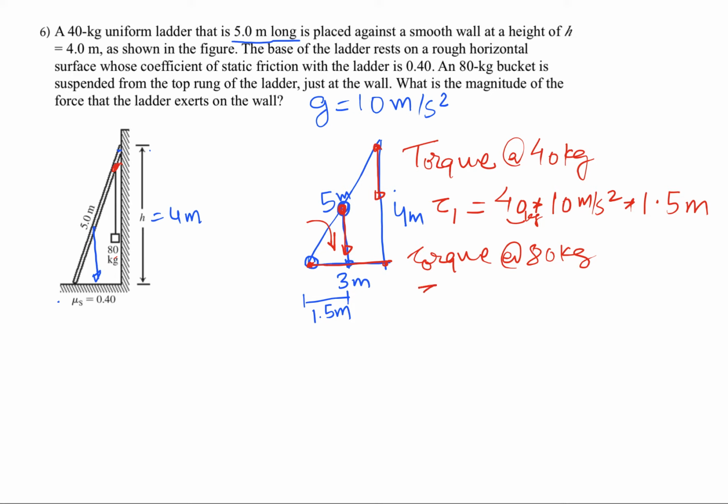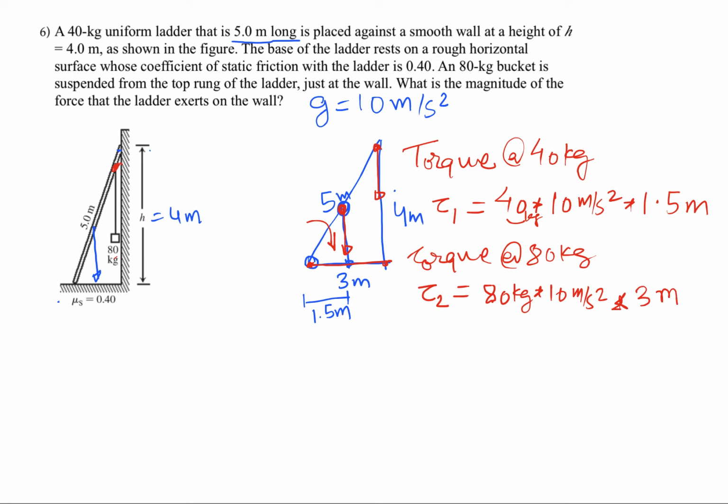That's going to be tau 2 equals 80 kilogram times, not 9.8, I'm going to be working with 10 just for simplicity. So that's 80 times 10 meter per second square times the distance over here, which is 3 meter.